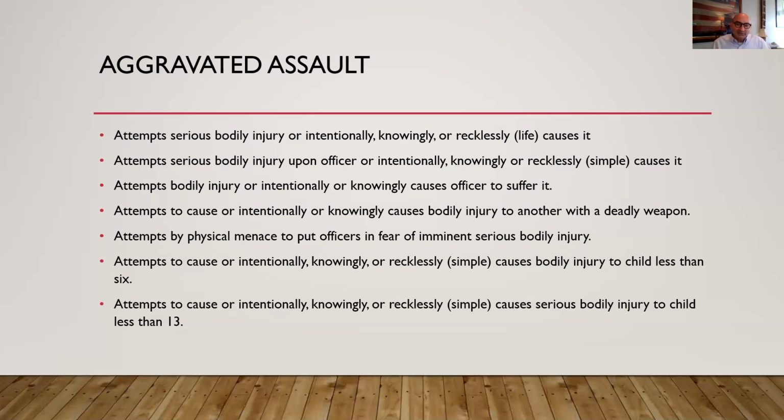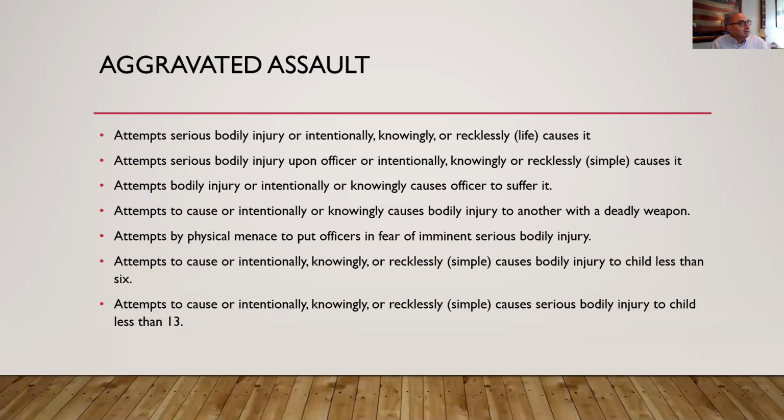What that then means is you're reckless with regard to the possibility of seriously injuring somebody, or injuring someone, depending on the degree of harm that's required by that particular prong. So that distinction is important to look at.